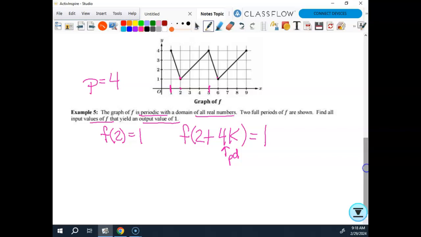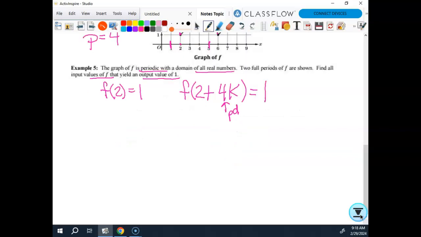And then, since it says find all input values, I wrote it like this. That implies that. But I would say that x is equal to 2 plus 4k. And again, that's basically what we were doing with all those where we were just straight up finding values. Same concept. What questions you got? Okay.